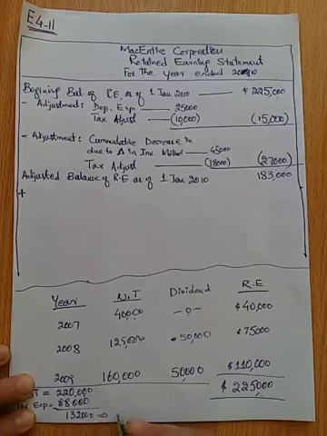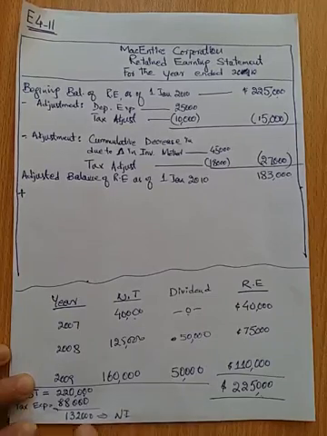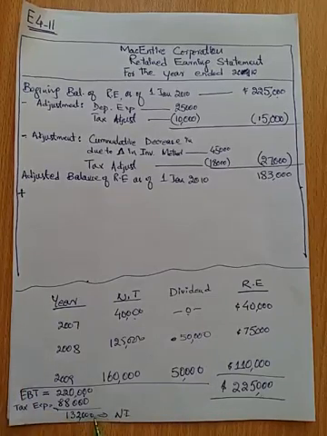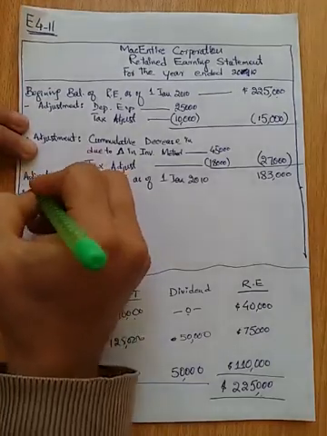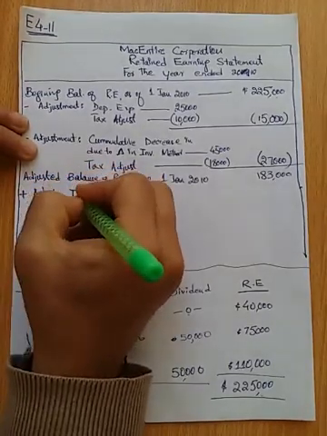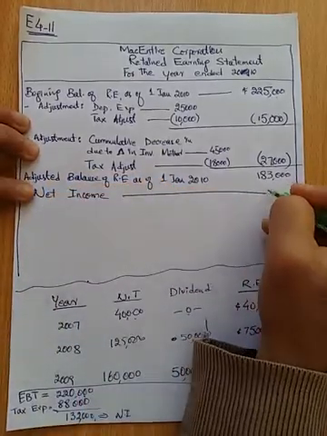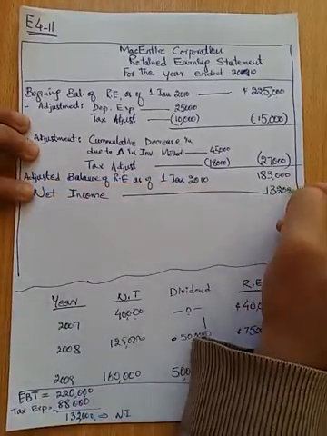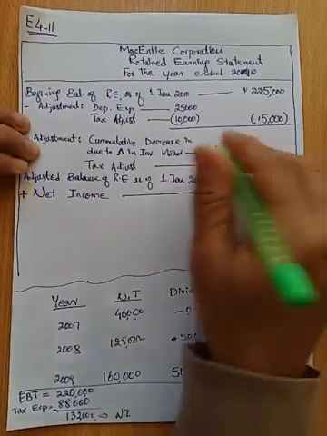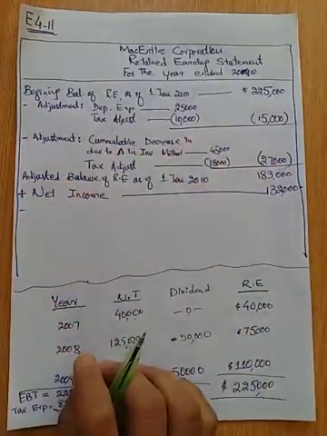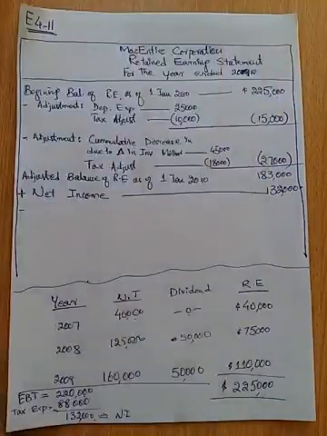Actually, this is the net income. Okay, this money was earned in 2010, so I will shift this money here. Net income $132,000, and that would be added actually to the figure, minus if there is any dividend paid during the year.